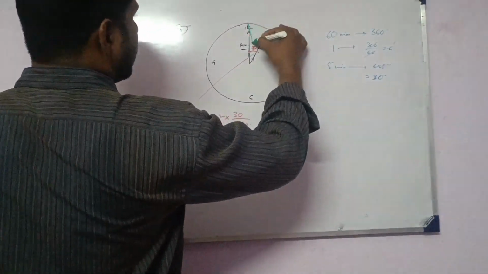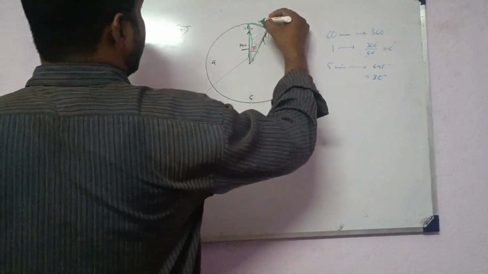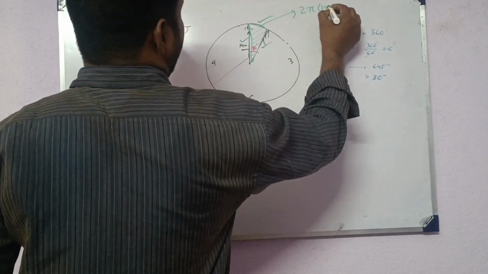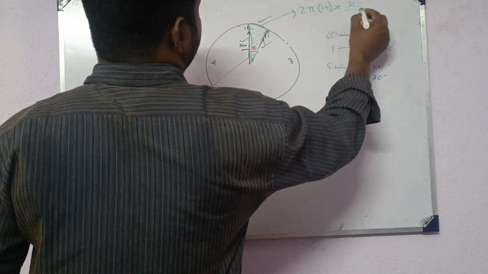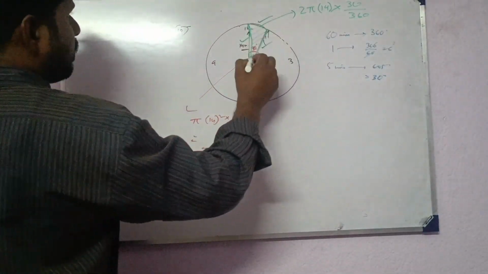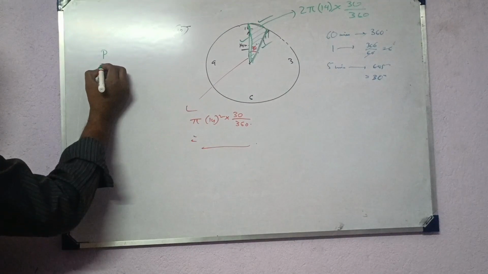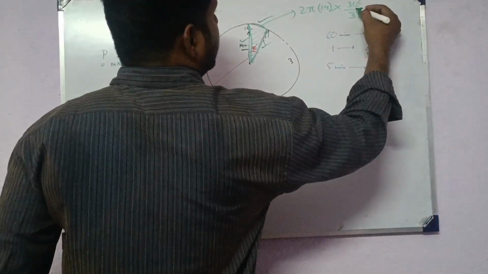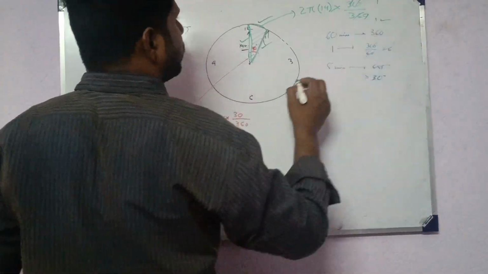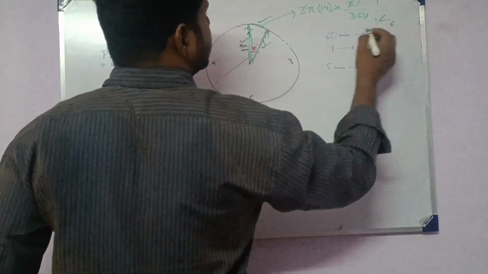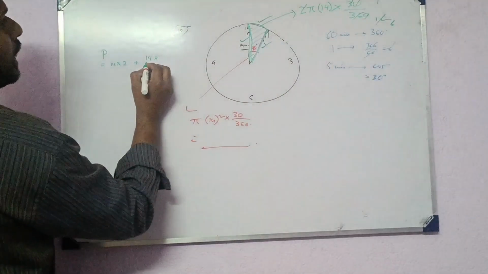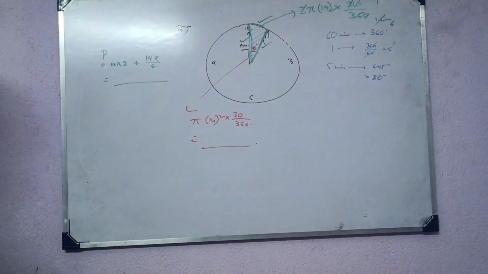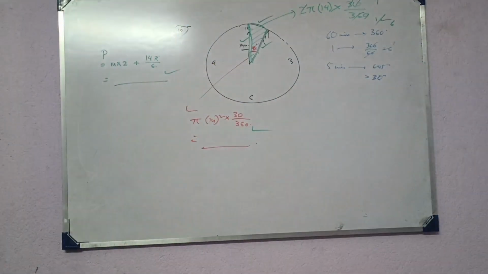Perimeter of the sector means we have to add this side plus this side plus this arc. The arc is 2 pi r into theta by 360, and with that there are these two 14s, so the perimeter of the sector thus formed is 14 into 2 plus, cancelling, 14 pi by 6. If we calculate this, we will get the perimeter of the sector. So we got the area as well as the perimeter.